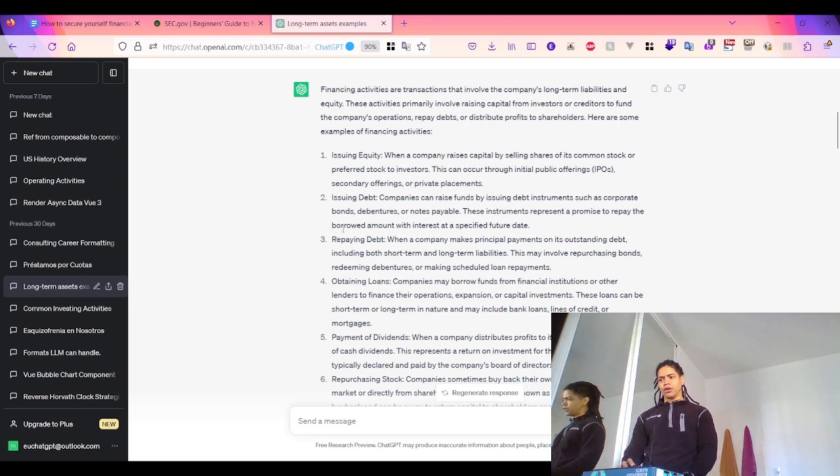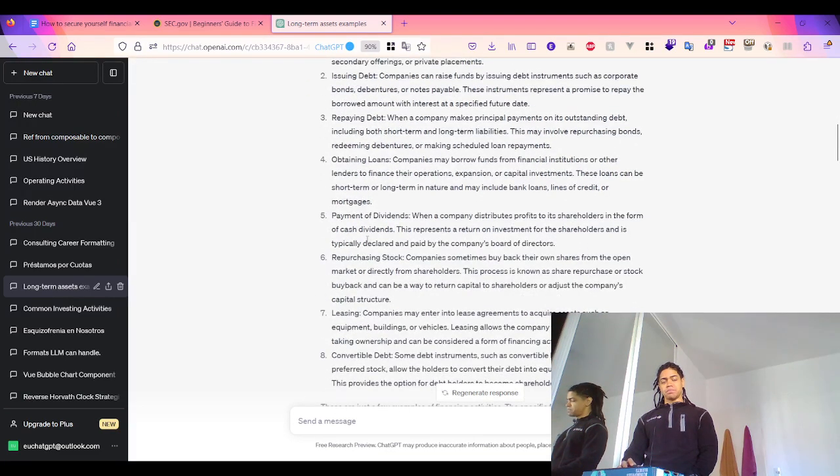Repaying debt is another financing activity. Then repurchasing stocks and payment of dividends.